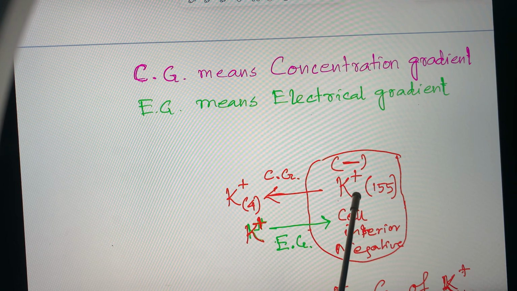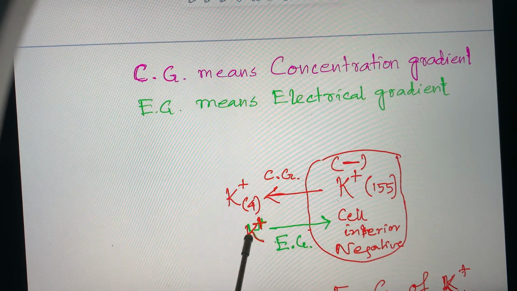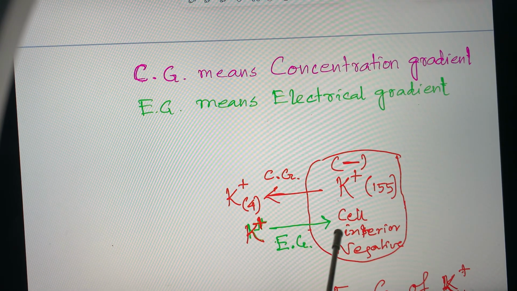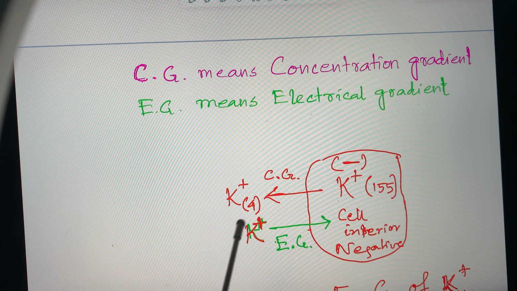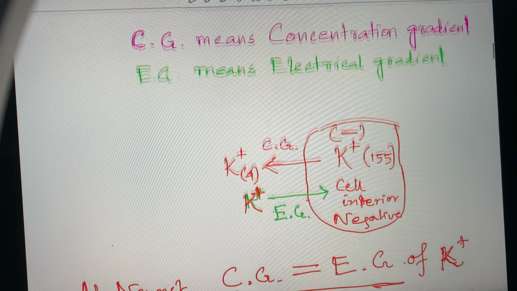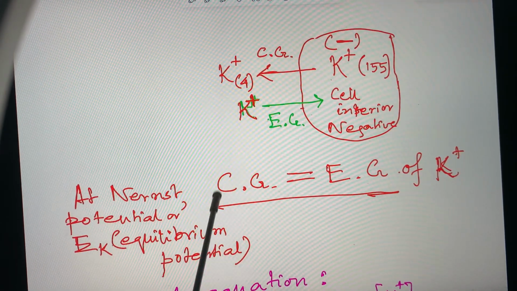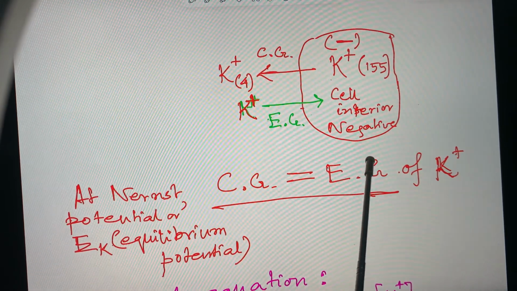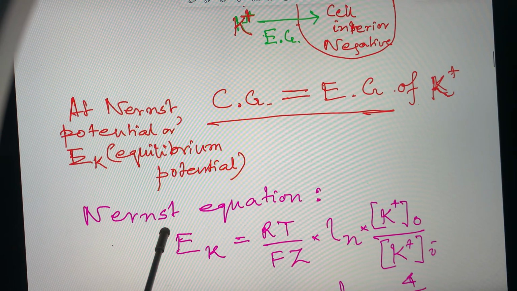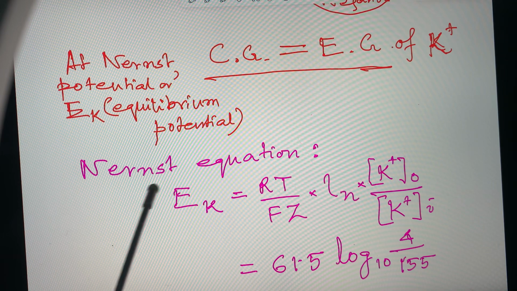Due to concentration gradient, potassium is going outside of the cell, and due to electrical gradient, potassium ion is drawn towards the interior of the cell, because the cell interior is now negative, and it attracts the positive cations. So at a certain potential, which is the equilibrium potential, these two forces are equal, that is concentration gradient is equal to electrical gradient.